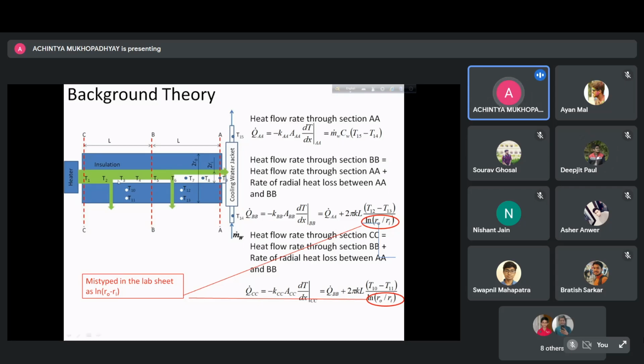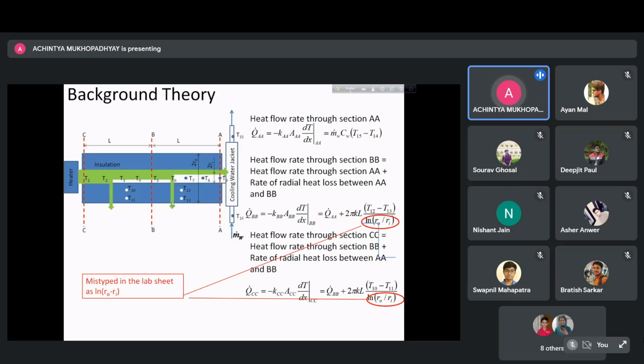So here we are making a very bold assumption. What we are assuming is that the heat that is entering from the rod into the insulation has two paths. It can flow axially along the length of the insulator, or it can flow radially across the insulator and get convected outside.